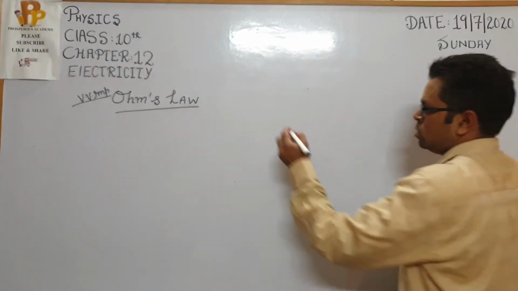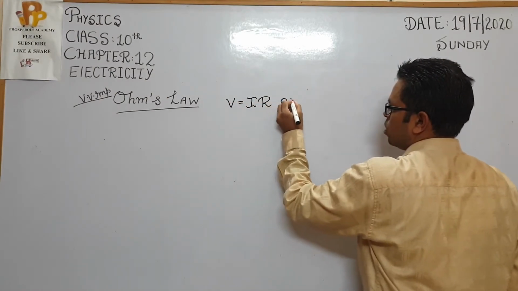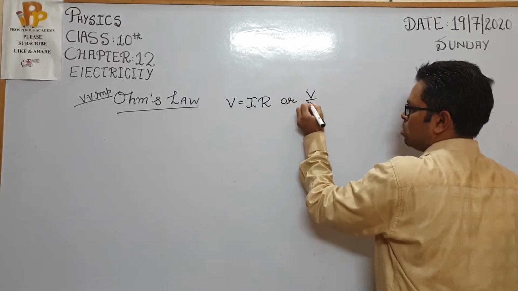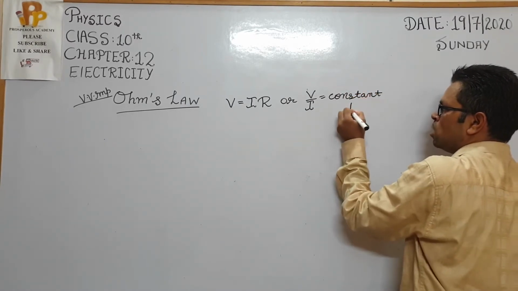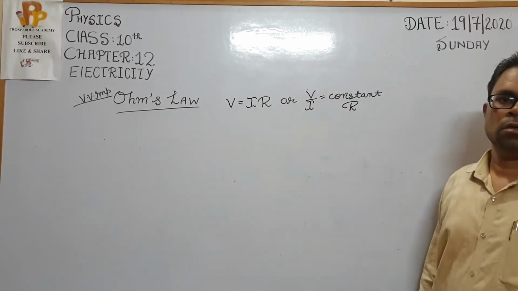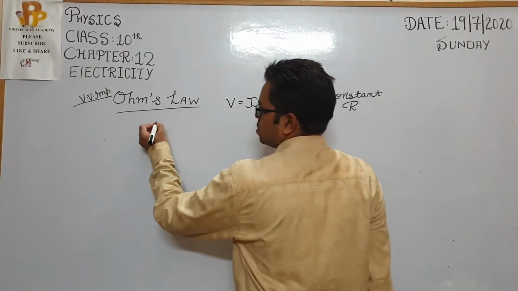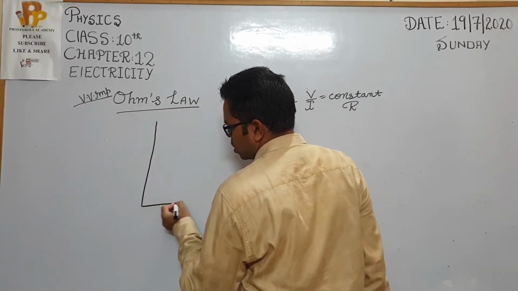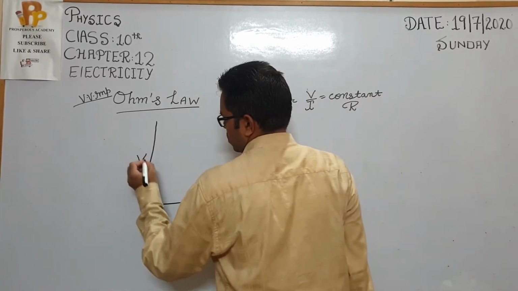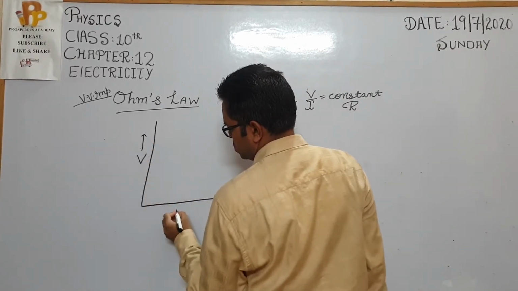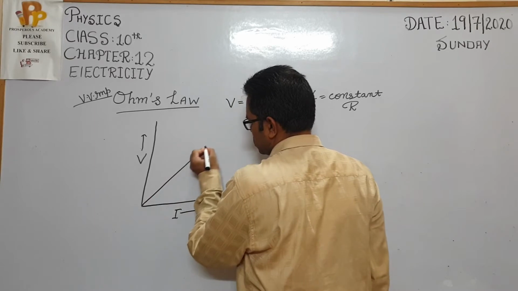Now you learn about that is V is equal to IR or V upon I is equal to constant, that is R, and is called the resistance of the conductor. Now बच्चे, when you draw the graph between V and I, you get a straight line starting from the origin.